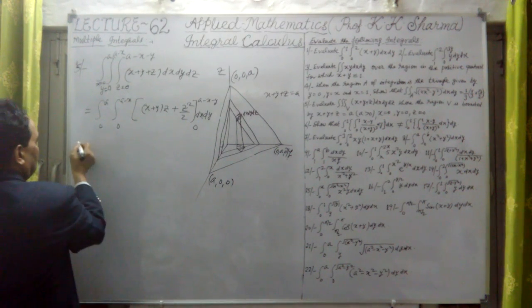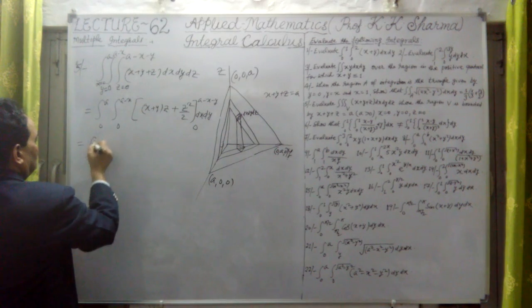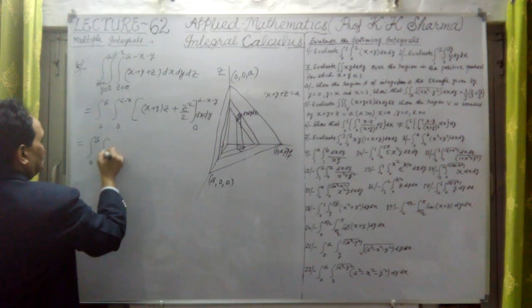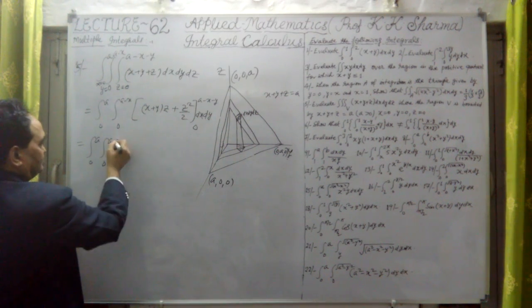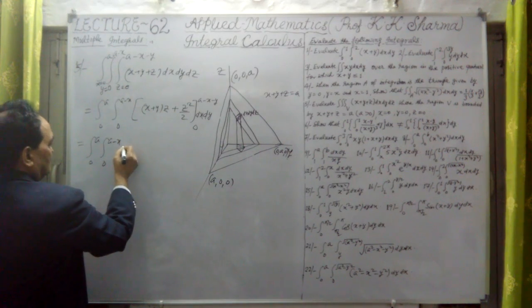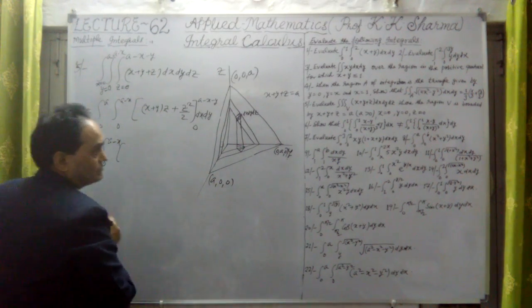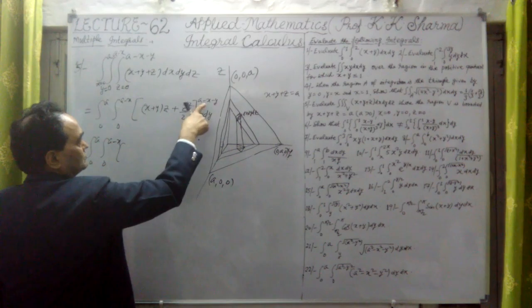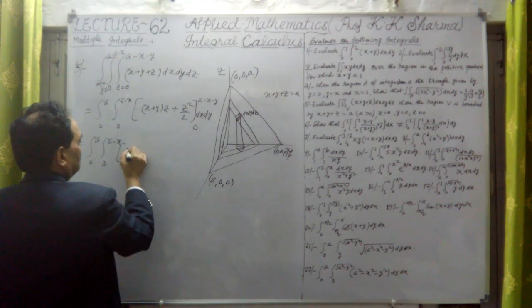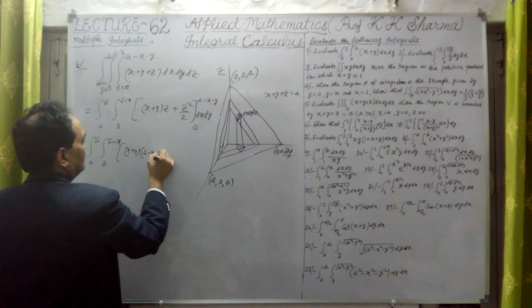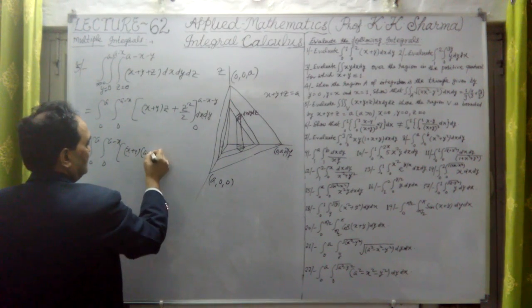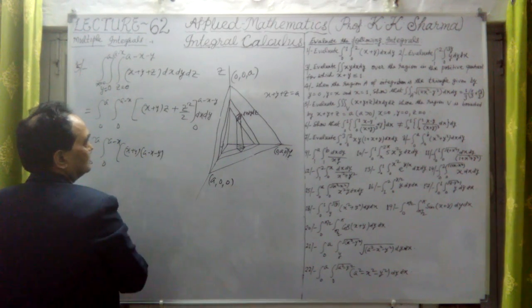What are the limits? Let me write this: 0 to a minus x. Here in place of z we have to substitute these values. This is x plus y into a minus x minus y. Try to understand.